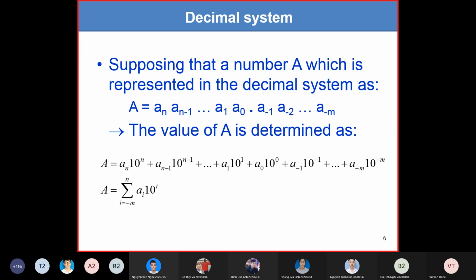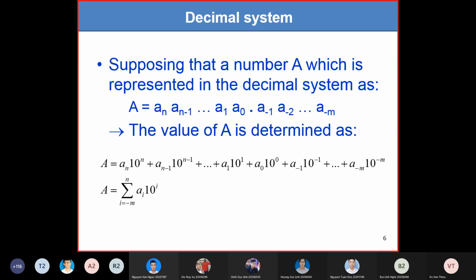And also the fraction part: a subindex minus 1, a subindex minus 2, until a subindex minus m. For the integer part, we index from 0 until n, from right to left. For the fraction part, we index from minus 1 until minus m, from left to right.